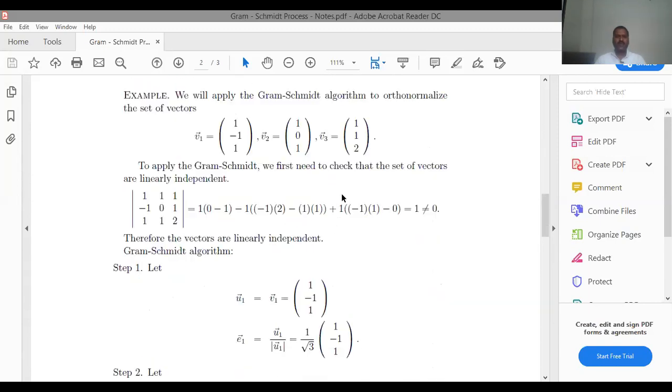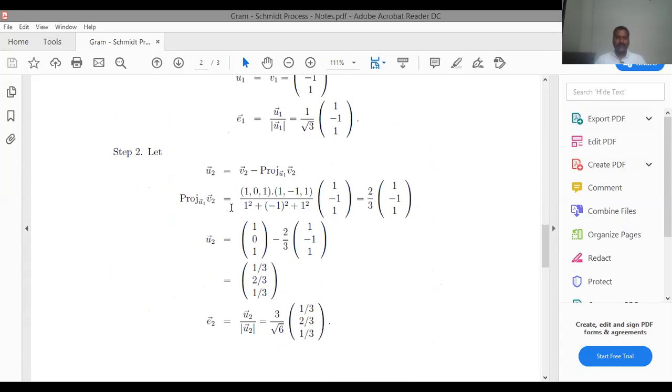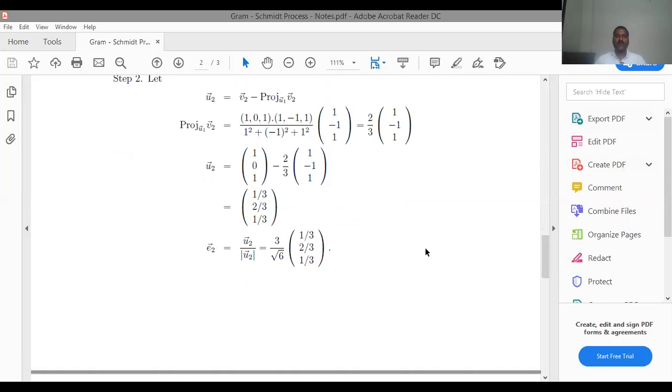It's a simple dot product, divided by the magnitude square, times u1 bar. This is a stretching factor, so 2 by 3 is the stretching factor. So you get u2 bar equal to (1/3, 2/3, 1/3). Let's normalize it, then you get e2 bar.